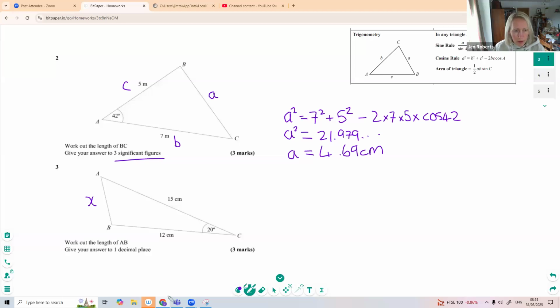And then I'm just going to rearrange these letters, because in your formula, your angle has to be big A. Put everything directly into your calculator.